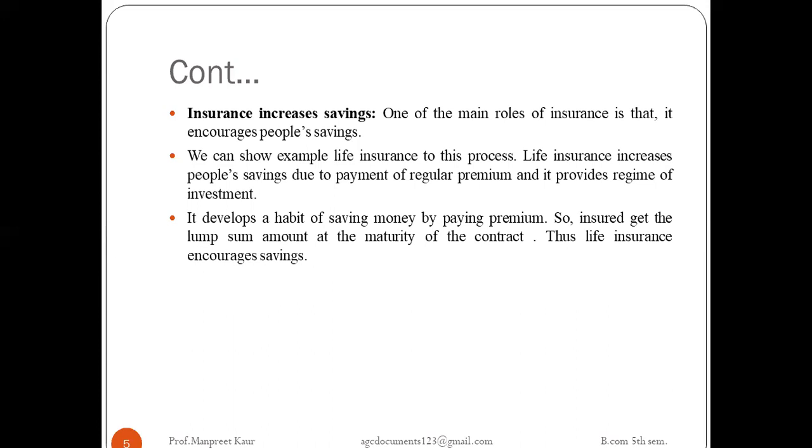Thus, life insurance helps in encouraging the client to save money by paying the premium after a certain period of time. And at the end of the contract, when the contract matures, the client gets the lump sum amount.